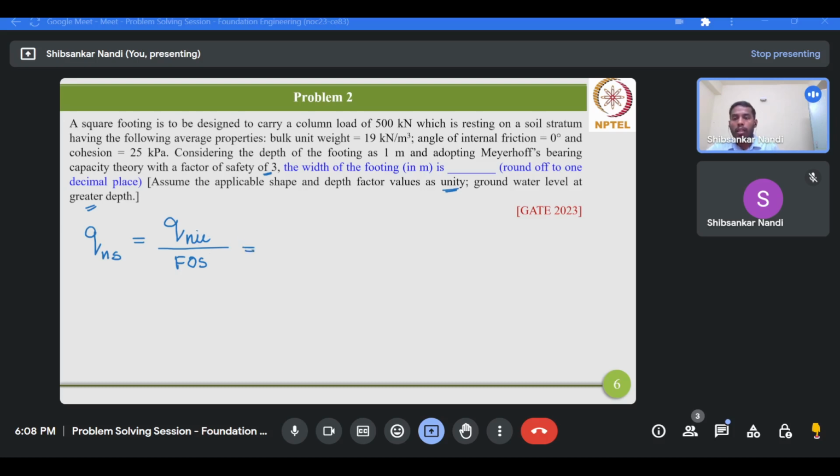Now how can we determine this q_nu? The net ultimate is nothing but the ultimate minus the overburden at the foundation level, that is gamma Df, divided by the factor of safety. So this is the net safe bearing capacity. Now if we multiply this net safe bearing capacity with the footing dimension, assume that B is the width of the footing, which we have to determine.